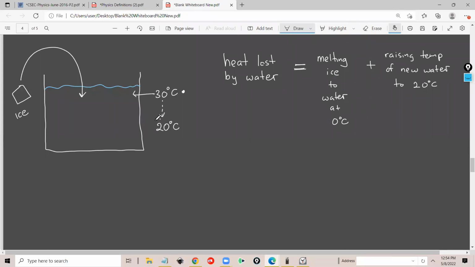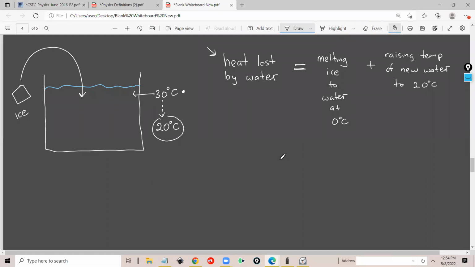And it did. It went from 30 to 20, which is the job of the ice, I guess. What's going to happen here is the temperature of the water dropping, which means the water is losing energy, because the higher the temperature, the more energy it has.